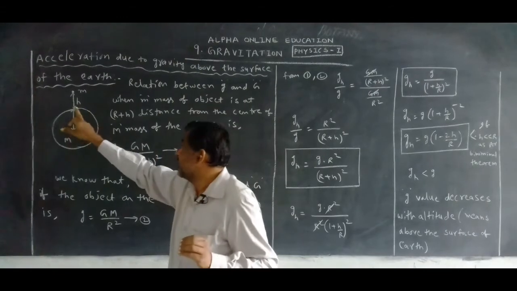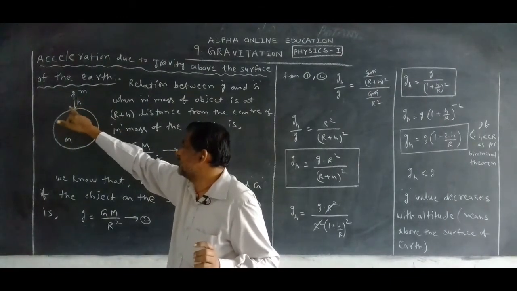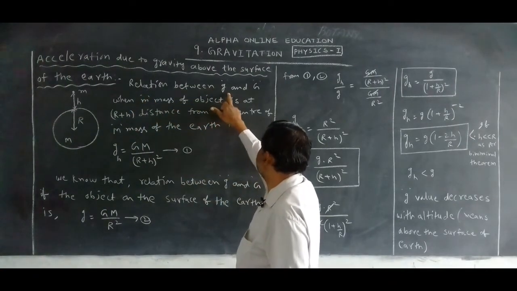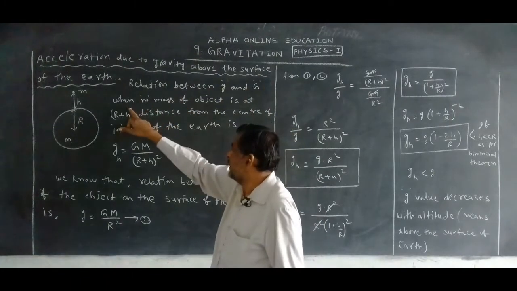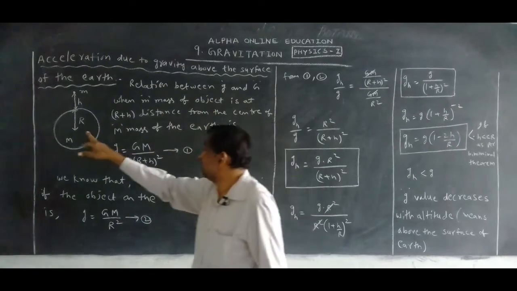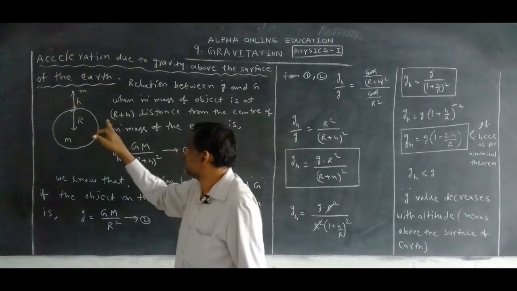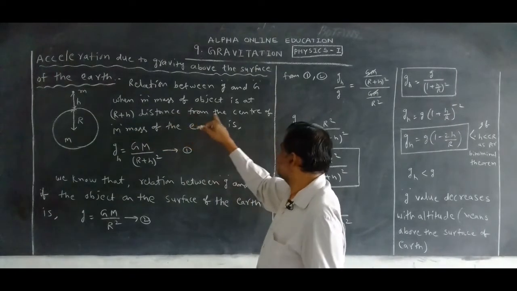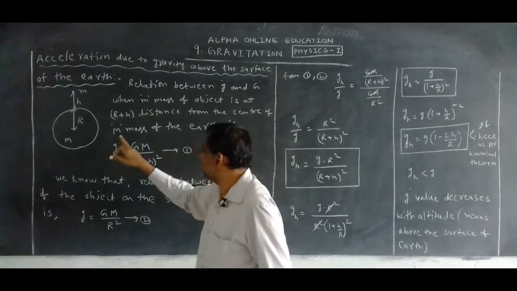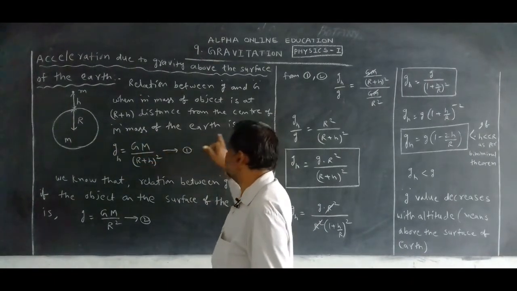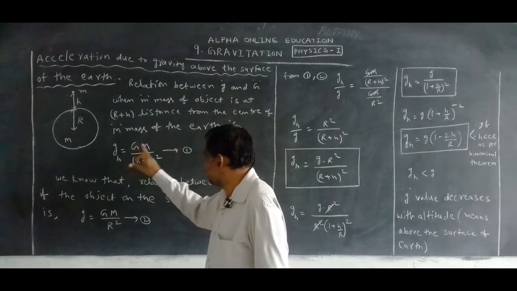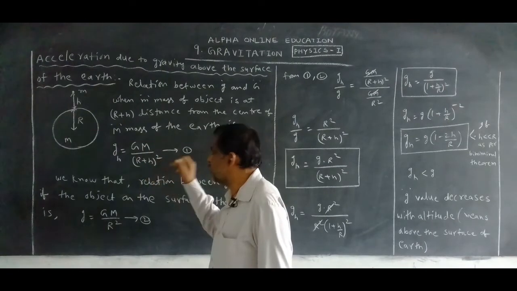The relation between small g and capital G, when the object is at R plus h distance from the center of the earth of mass M, we write the equation g_h is equal to GM by (R plus h) square.